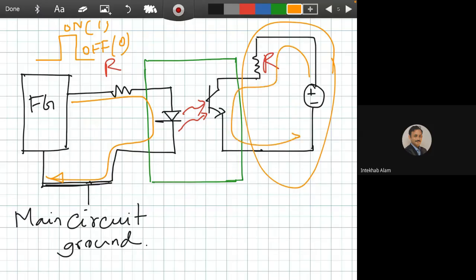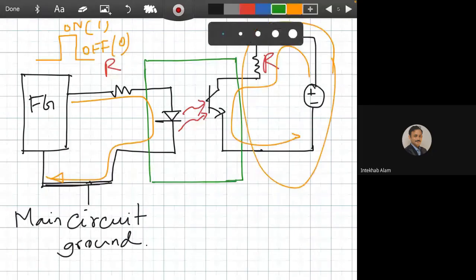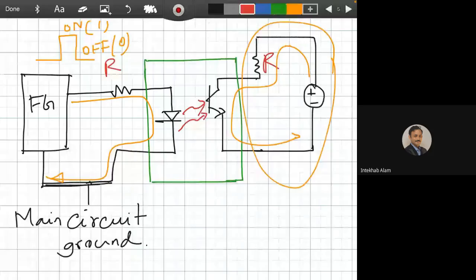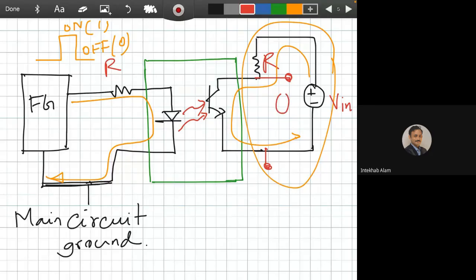If we consider a voltage output, okay, I'll make it red one, from these 2 points, then if it is V in, whenever the switch is on, the voltage output will be 0, and when the switch is off, the voltage output will be V in.